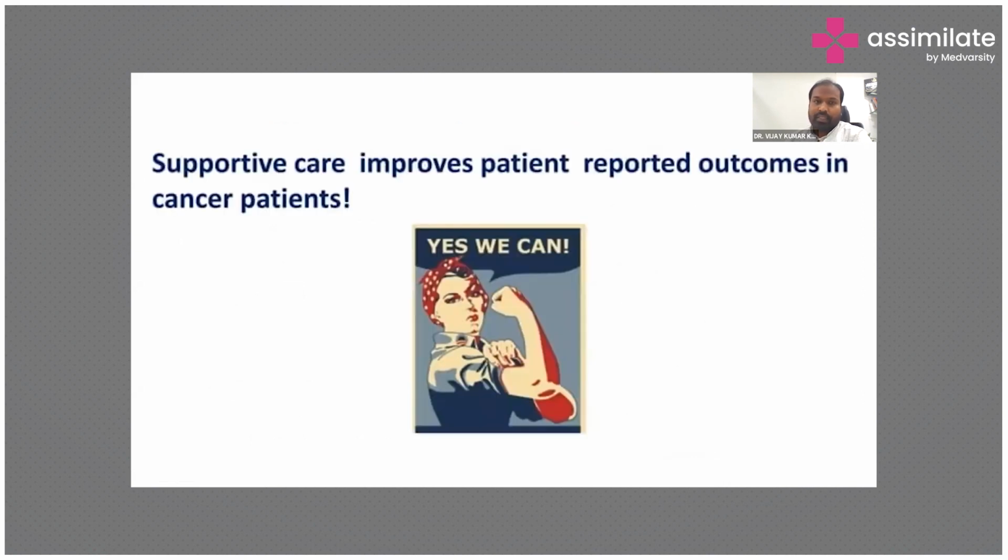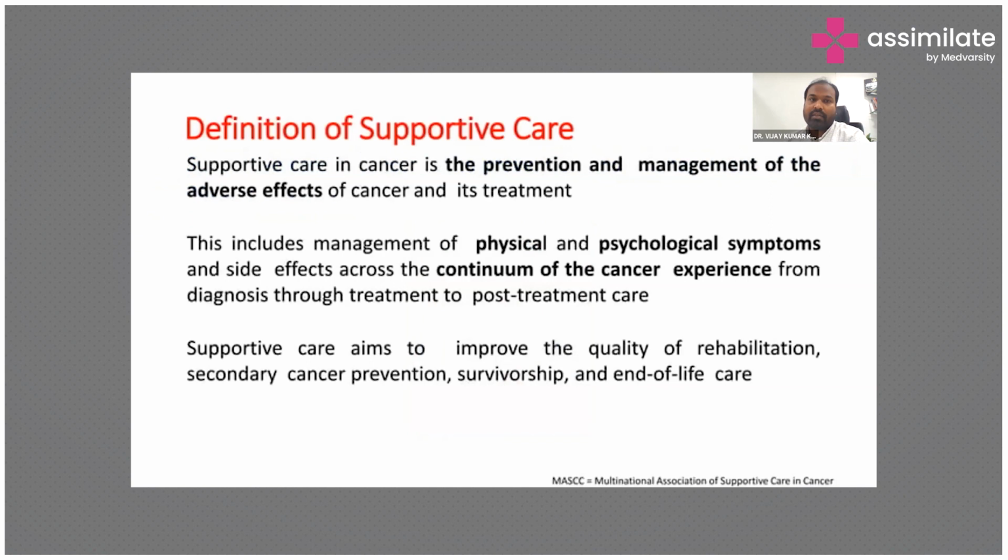If you see, supportive care improves patient-reported outcomes in cancer patients, but supportive care is a little bit different from palliative care. Supportive care itself is part of palliative care, but not a synonym for palliative care. Supportive care is the care in cancer patients for the prevention and management of adverse effects.